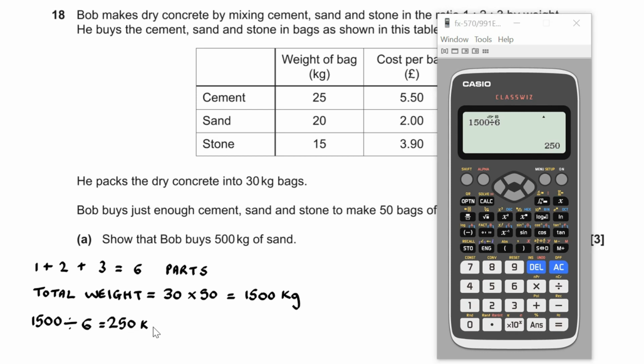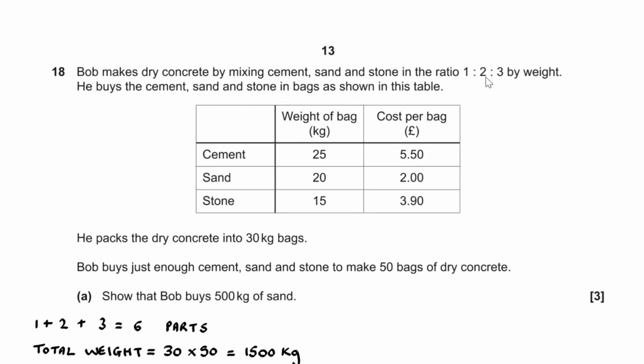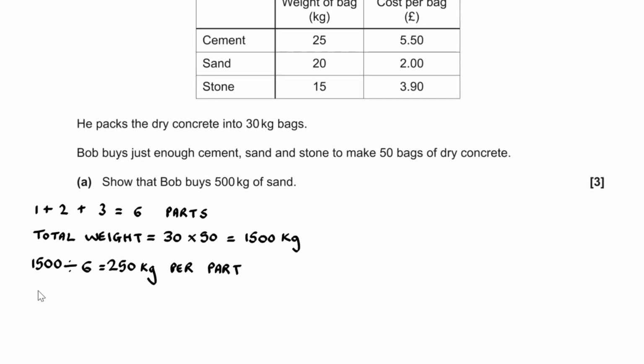So we've got 250 kilograms per part. And therefore, to find out how much sand we need, well, we've got 2 parts here of sand, and therefore for sand, we would need 2 times by 250, which is 500. So we have 500 kilograms, and this is for the 50 bags.